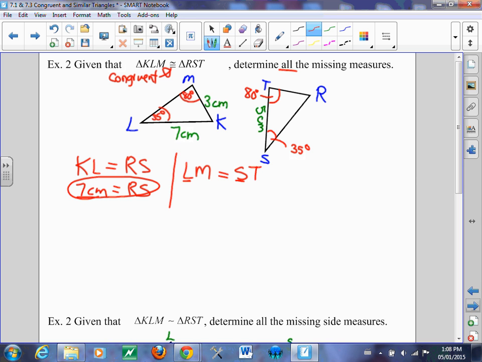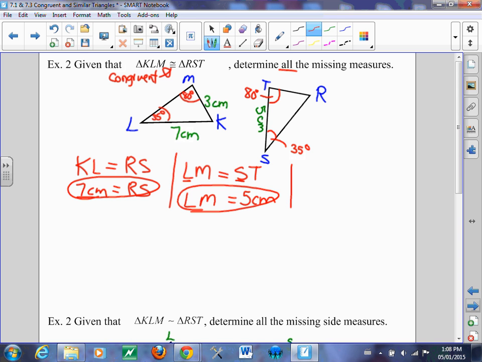And what do we know? We know that LM is 5 centimeters, and ST equals 5 centimeters. LM was blank, folks. I forgot. Let's just put LM in there. I was looking one line down. So there's another measurement we found.